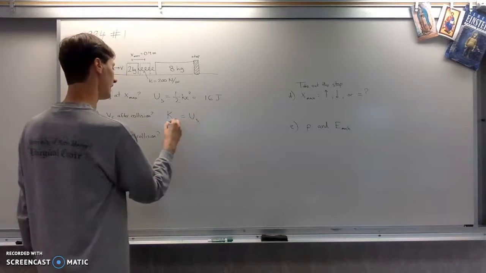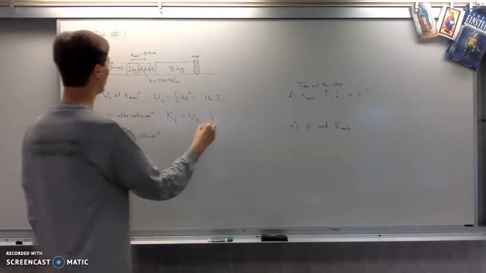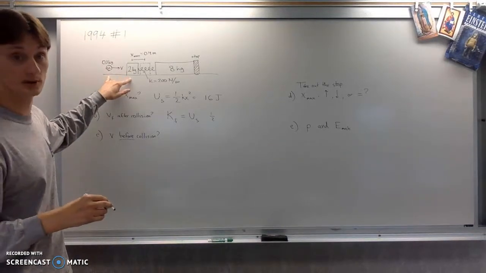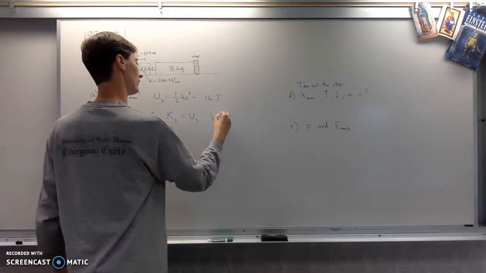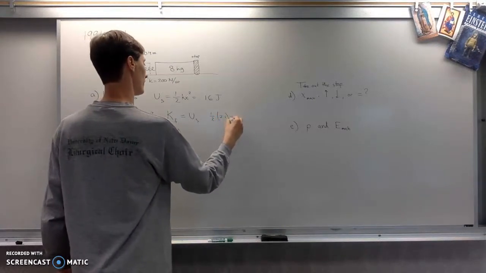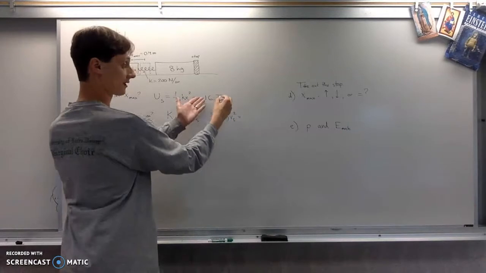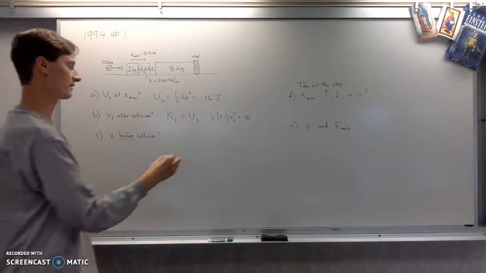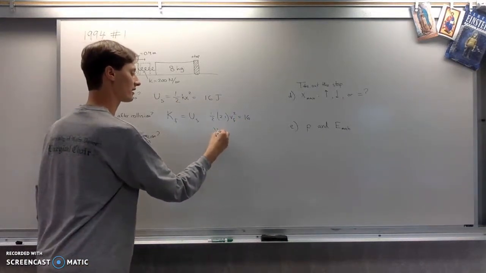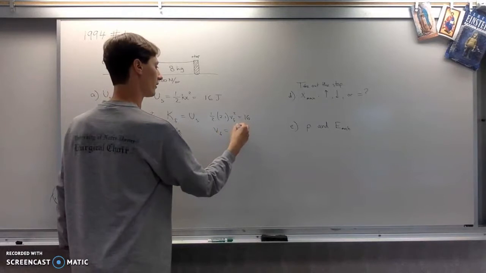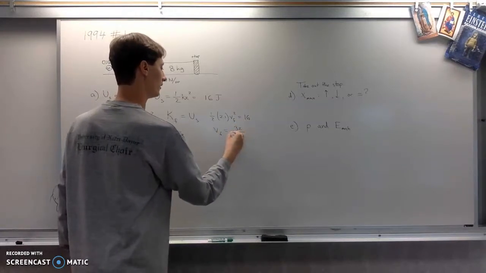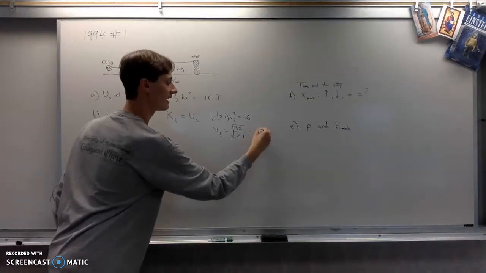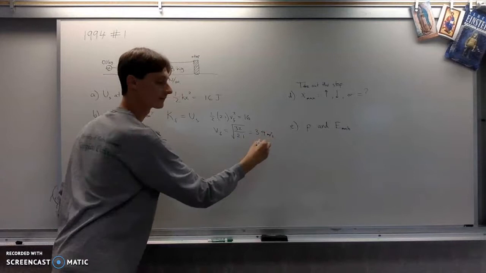All right, so K_f is 1/2 m, which is not 2 kilograms, it's 2.1, v final squared equals 16. Okay, so that's going to give us that the final velocity is the square root of 32 over 2.1, whatever that is, 3.9 meters per second.